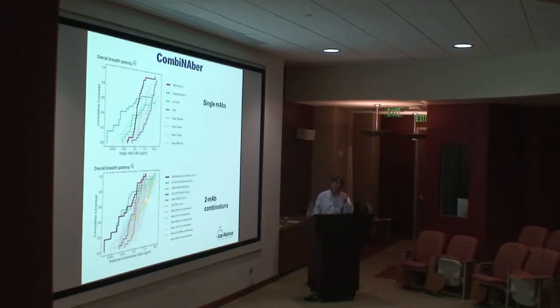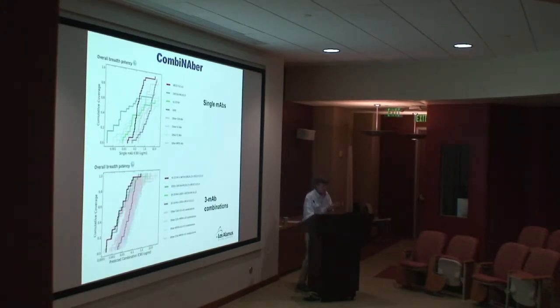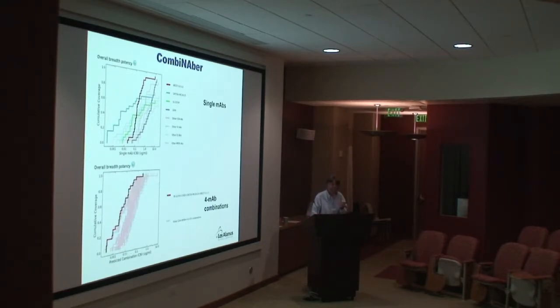So you can combine them in cocktail combinations, and for example, if you put the CAT256 antibody, which is light blue here, together with 1074, which we talked about here, which is green here, you combine the blue and the green and you get this red guy, which is doing all right because they bind at different sites. Likewise, you can add a third one in there, and you're doing better still.